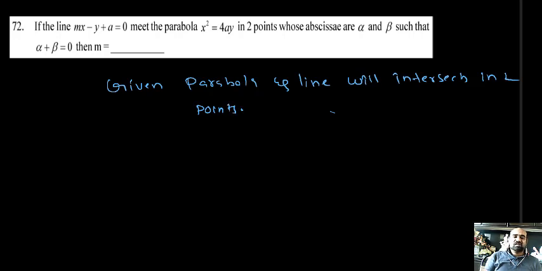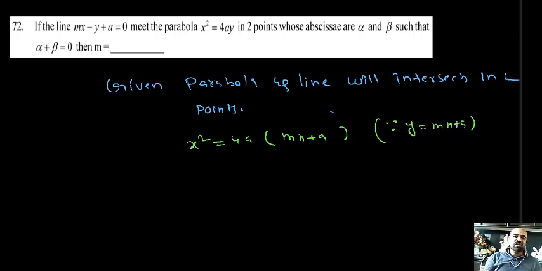So what is the meaning of that? I will write down here. x square equal to 4a times y. Instead of y, what can I write? mx plus a, because already y equals mx plus a, that is the line.